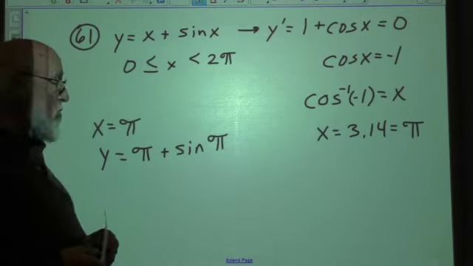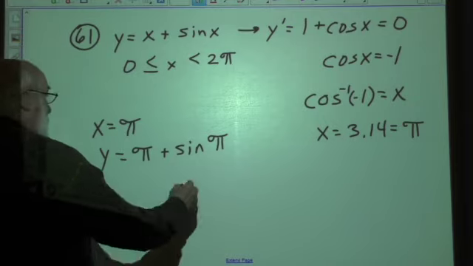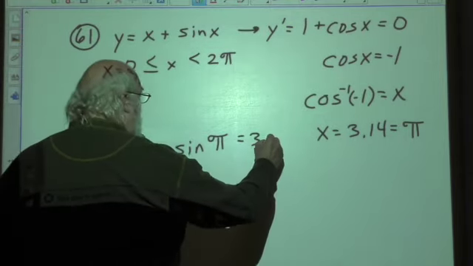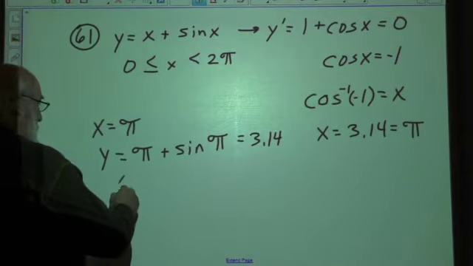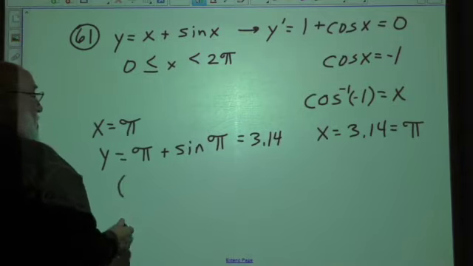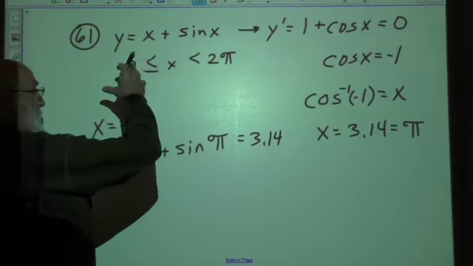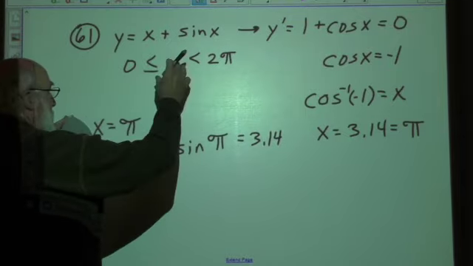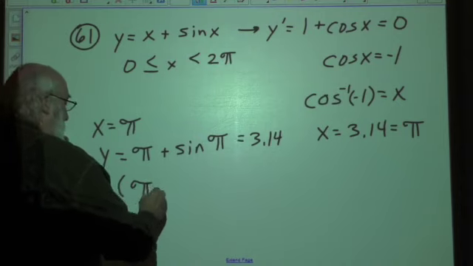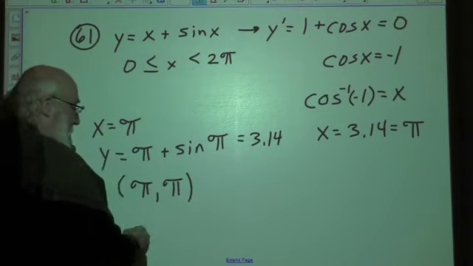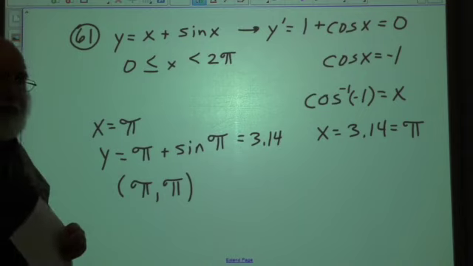Again, make sure it's in radian form, and you're going to get an answer of 3.14. So that means your point of inflection of that part of the graph between 0 and 2 pi, or 0 and 360 degrees, is going to be pi, comma, pi. Okay?